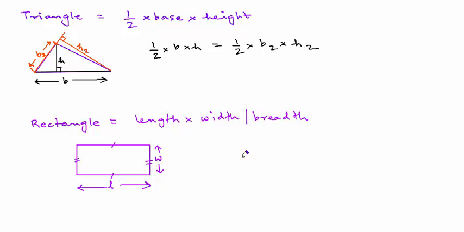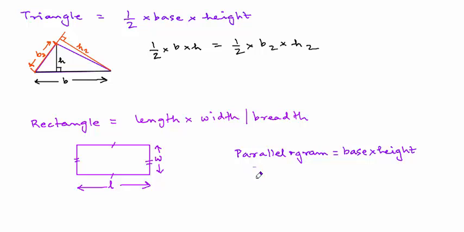The area of a parallelogram is given as the product of its base times the height or the altitude. So it's pretty similar to what we have in case of a triangle without this 1/2 factor.